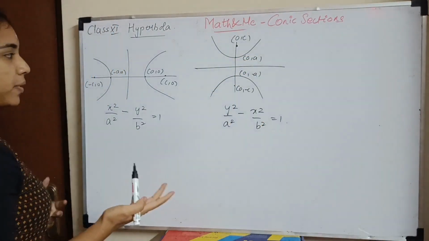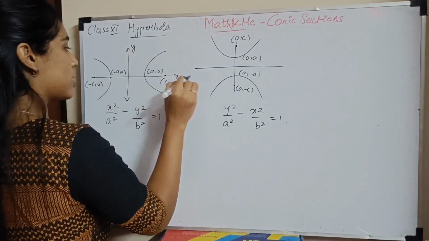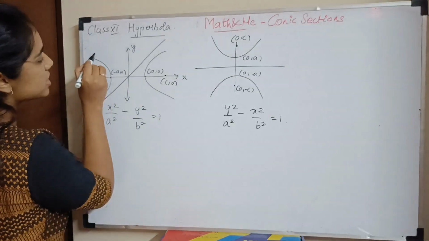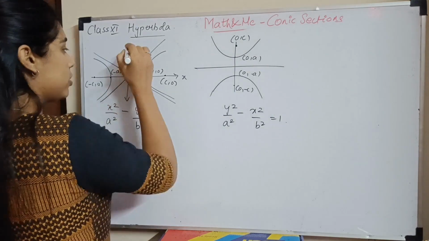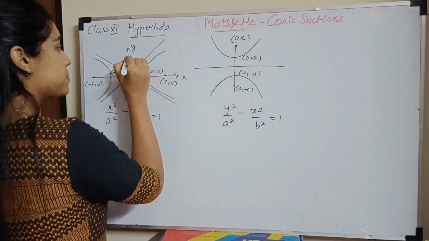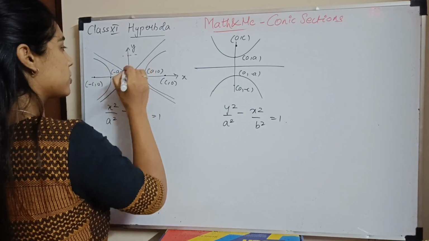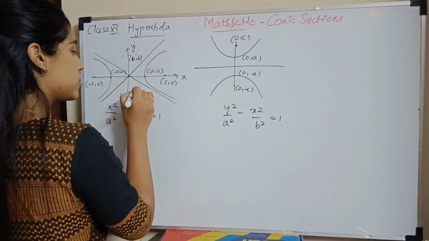So where is your b point? When this is your y-axis and this is your x-axis, you have two lines which pass through the center and the length of the conjugate axis is b. So this will be your b: 0 comma b and 0 comma minus b.